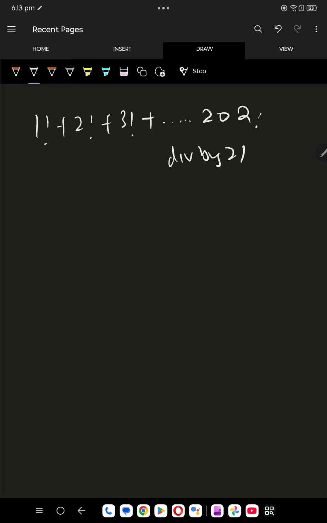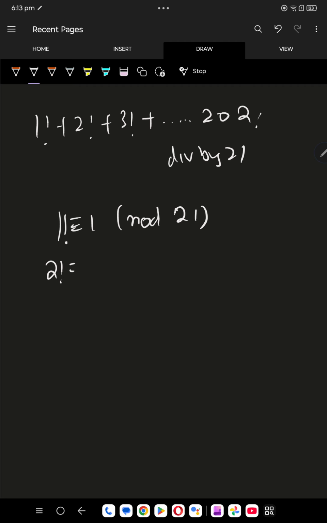So first, this much we should know, that 1 factorial is congruent to 1 mod 21.